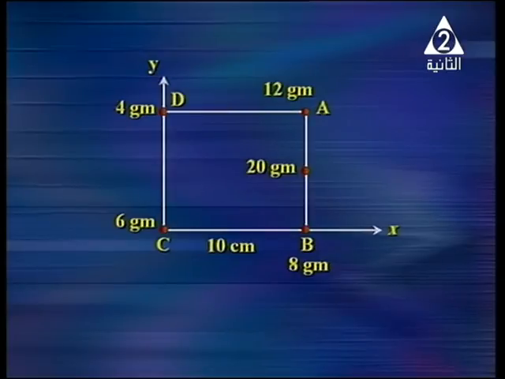Look, we have 4 masses: A fixed at 12 gram, B 8 gram, C 6 gram, D 4 gram. Also, we find the fifth mass, 20 gram, fixed at the midpoint of AB. What is the center of the system?